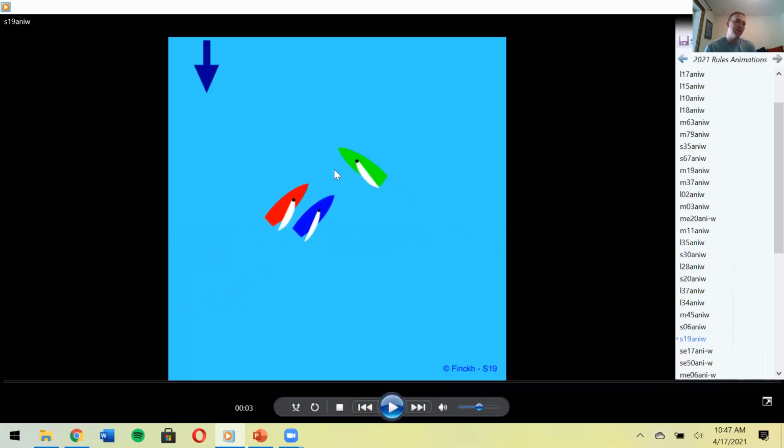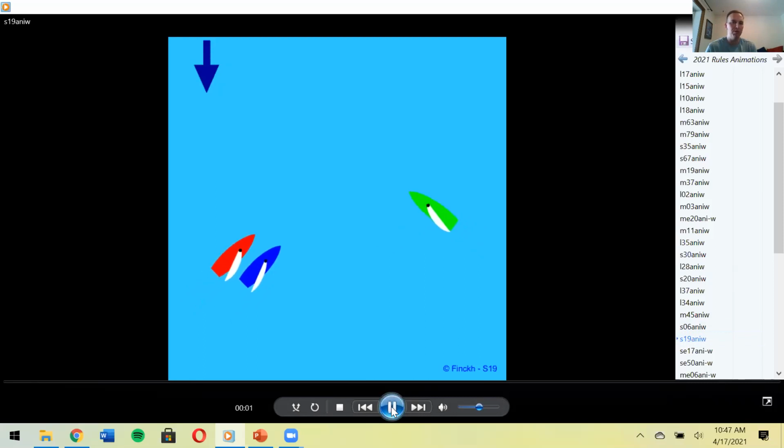So green is considered an obstruction. And so blue needs to give room to red to avoid green. That means blue has to head down to give red room to sail around green.